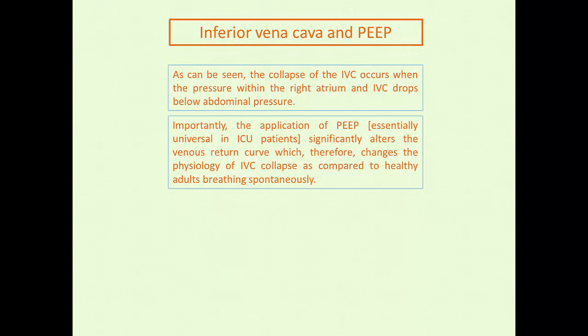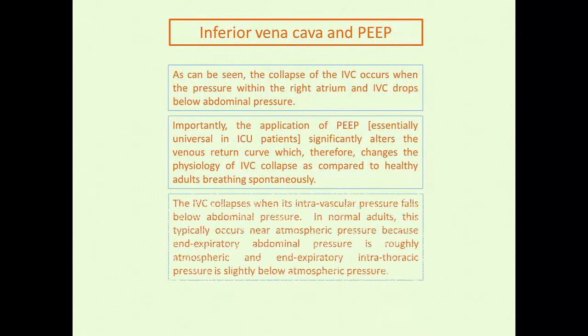The application of PEEP significantly alters the venous return curve, as we saw a number of slides ago, and therefore changes the physiology of IVC collapse as compared to healthy adults breathing spontaneously. The IVC collapses when the intravascular pressure within the vessel falls below abdominal pressure. In normal adults, this typically occurs near atmospheric pressure because, as I mentioned before, end expiratory abdominal pressure is roughly atmospheric, and end expiratory intrathoracic pressure is slightly below atmospheric pressure.